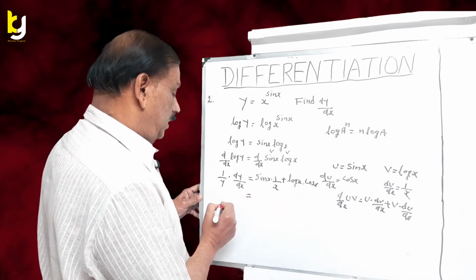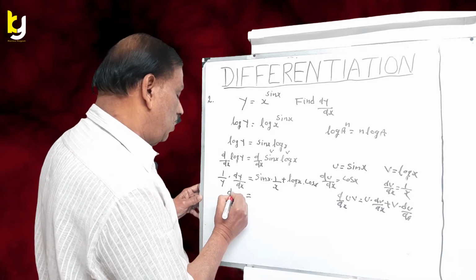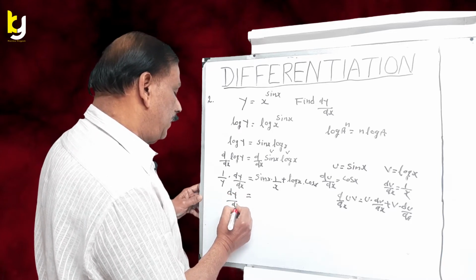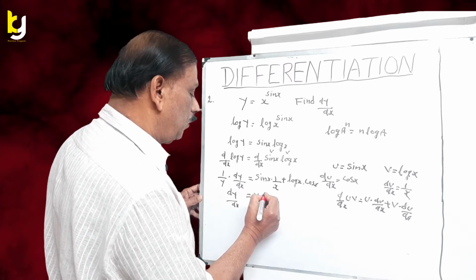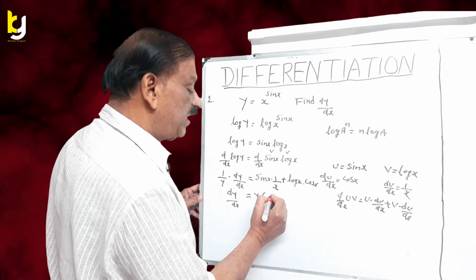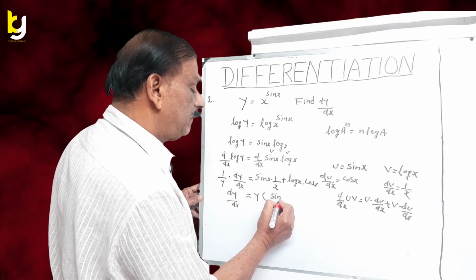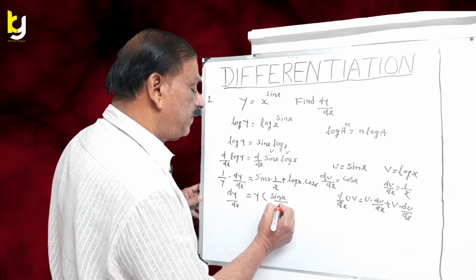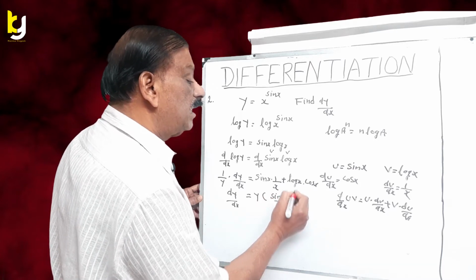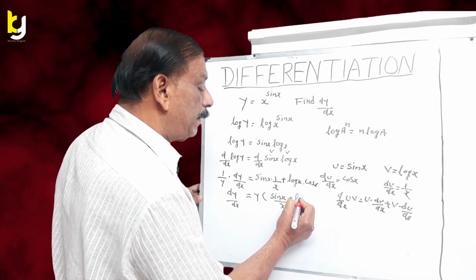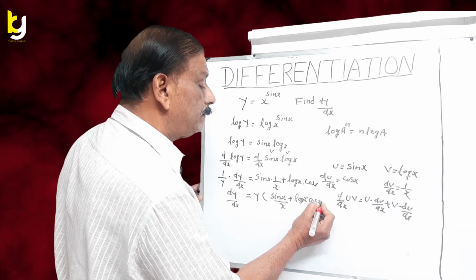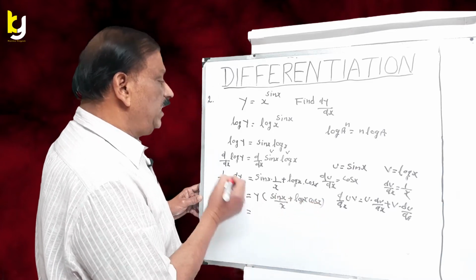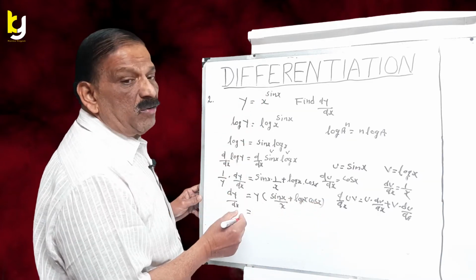Hence, dy by dx equal to, bring y to the right hand side. So, y into sin x by x plus log x cos x. Y is x to the power of sin x.